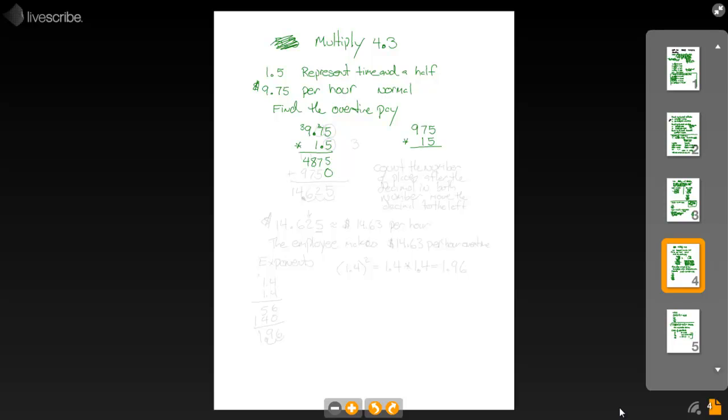Oh, and actually there won't be any carrying this time because it's just times 1. 5, 7, 9. Add them up. 1, 2, 3, 4, 5, 14.